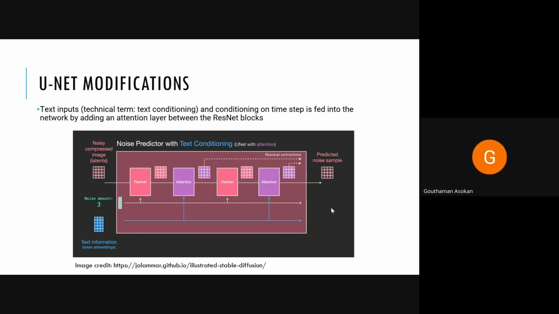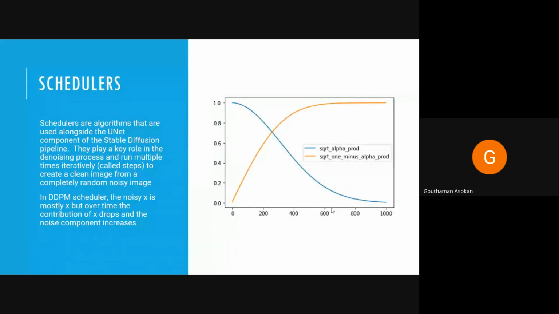So these are the unit modifications. If you're clear, we can go to the next thing, which is schedulers. The main two things in the diffusion process are the unit that we saw, and second, the schedulers. These are components that are used along with the unit.